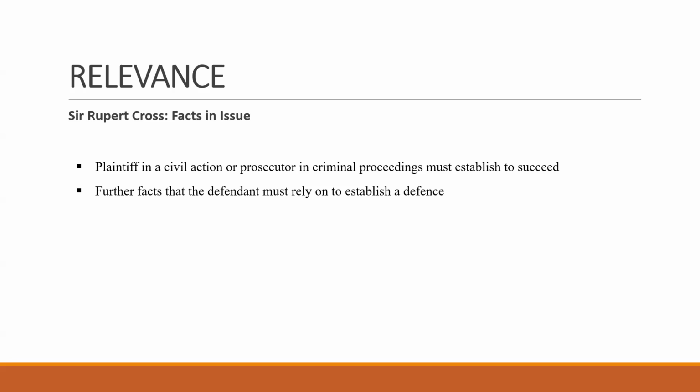You must firstly show there's a valid and legally binding contract, then you must show a breach of the terms of the contract, and subsequently that you suffered loss as a result of that breach. So these are the elements. They become facts in issue in a civil case, whereas in criminal proceedings, the actus reus and mens rea, the substantive law elements, will confirm become facts in issue.